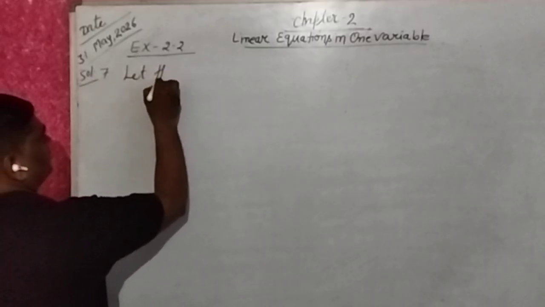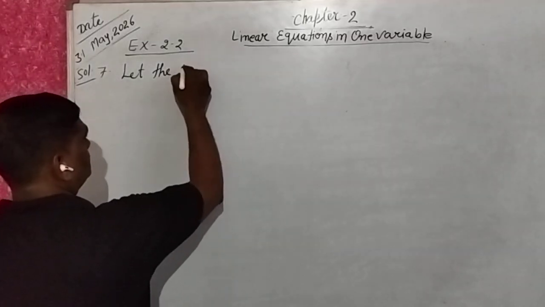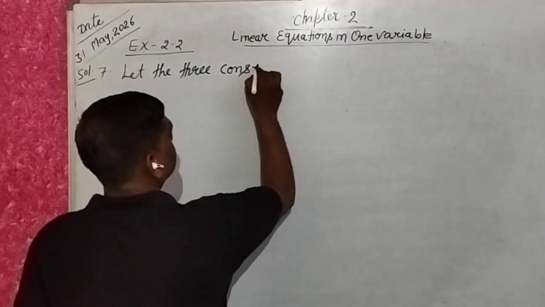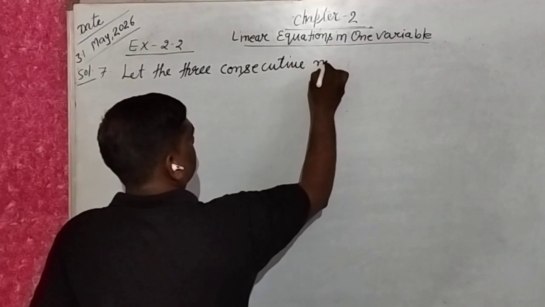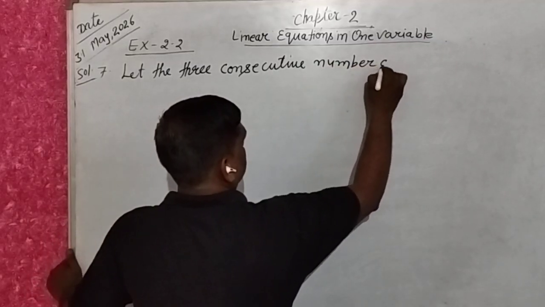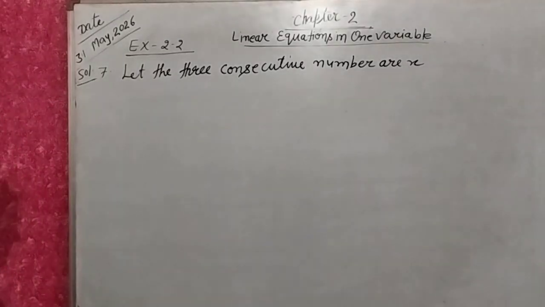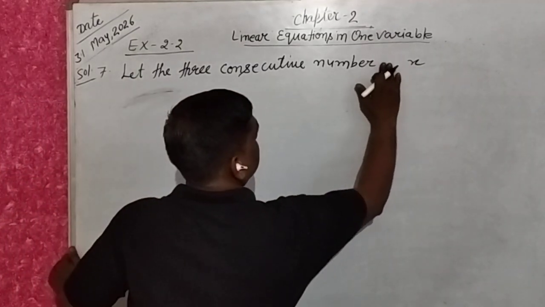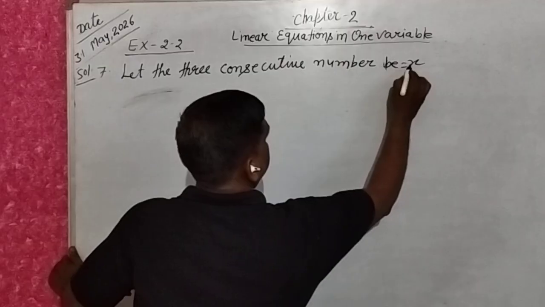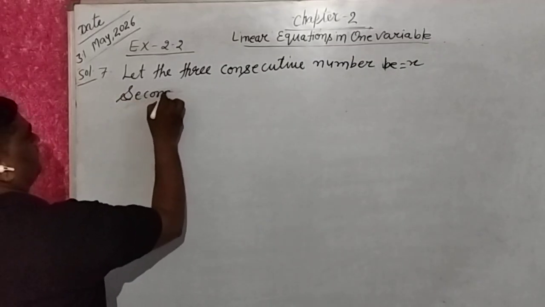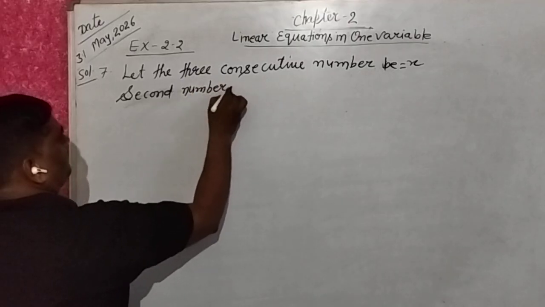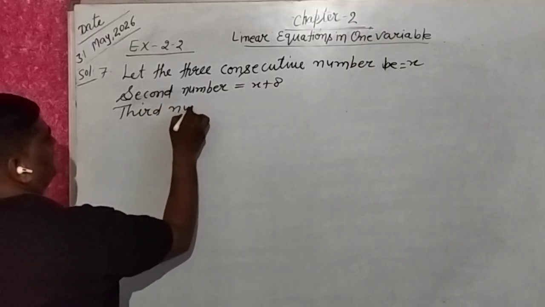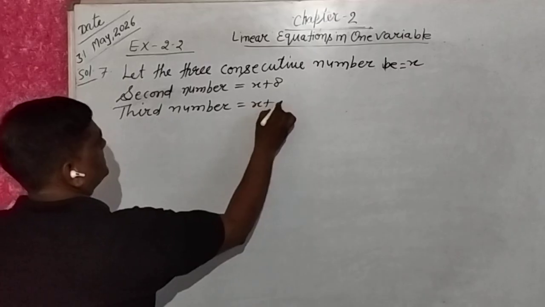Let the three consecutive multiples be: first number is x, second number x plus 8, third number x plus 16.